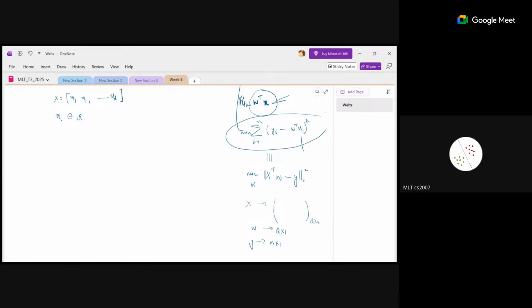The problem setup is again the same. You toss a coin with probability p, and for y equal to 1 or y equal to 0, you have two classes, 0 and 1.